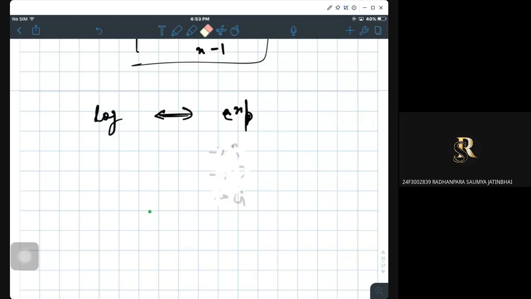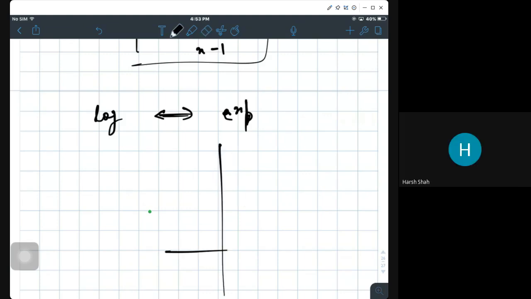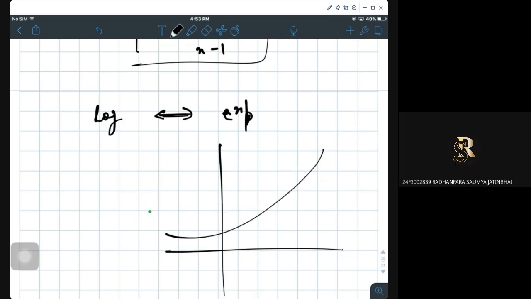How does your graph of the exponential function look like? This, no? Not this. No, no, this. For a greater than 1, a raised to x, for a greater than 1.